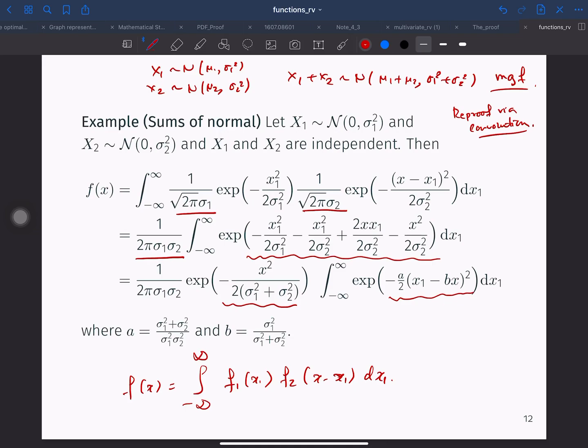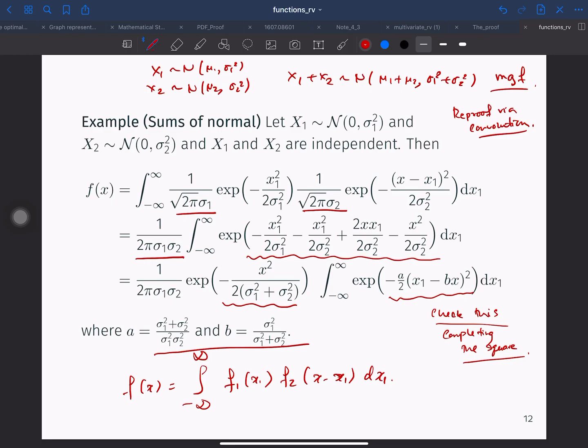So try to check that. Check this as a coffee break. This is nothing more than completing the square. It's a little bit messy or tedious, but if I told you that the form looks like this, then you should be able to quickly check that it really is this form.